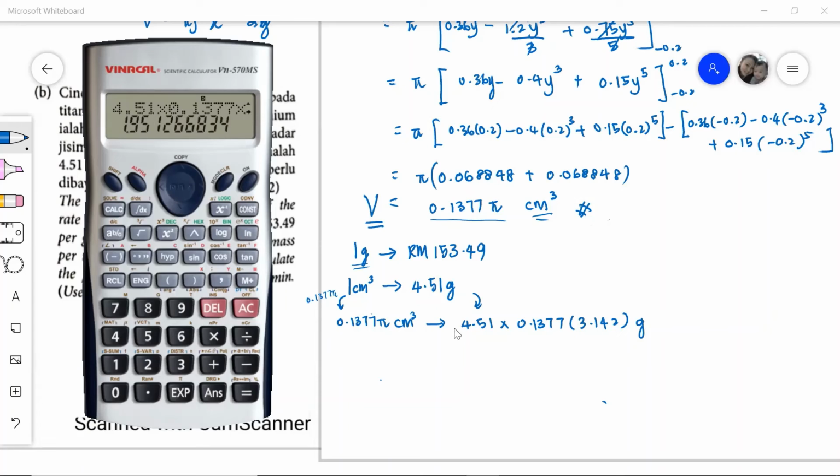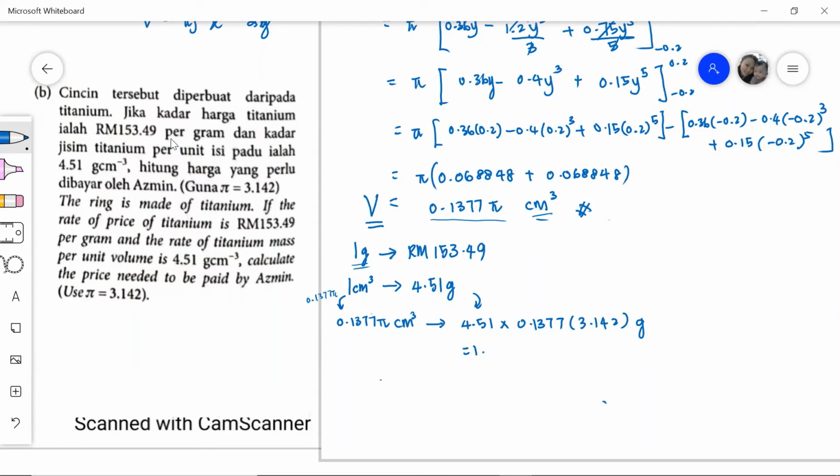Normally, if this is the final answer, then I will leave my answer in 4 significant figures, but this is not the final yet. So either we use all of it, or the safest way is to take 4 decimal places. Okay, so we will take 1.9513.